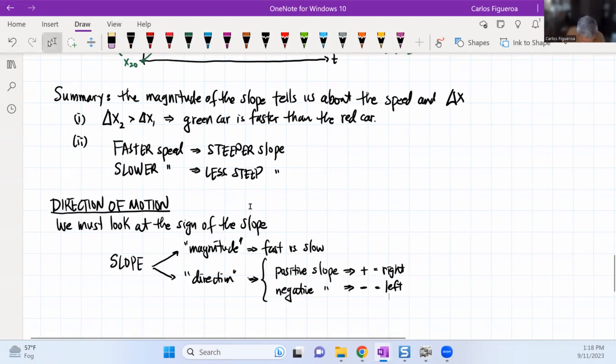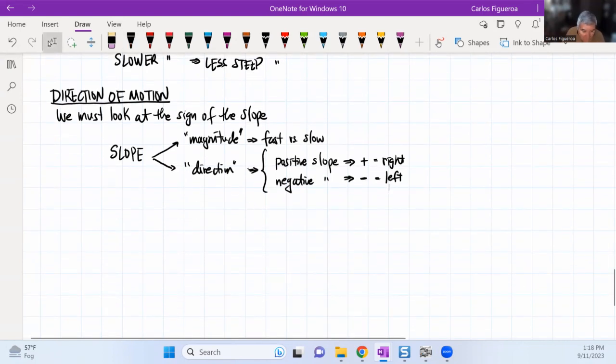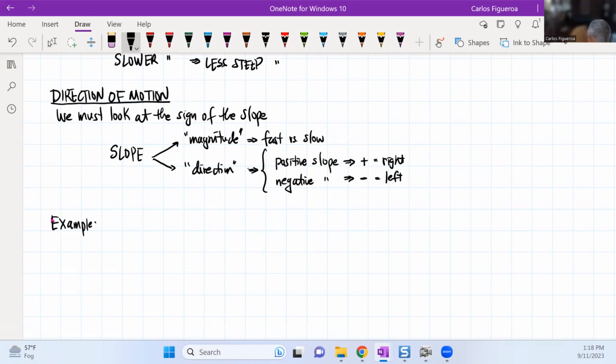That's what we really want to think about. Now that we have this, we want to look at two examples. As a nice example, I want to consider two different lines.